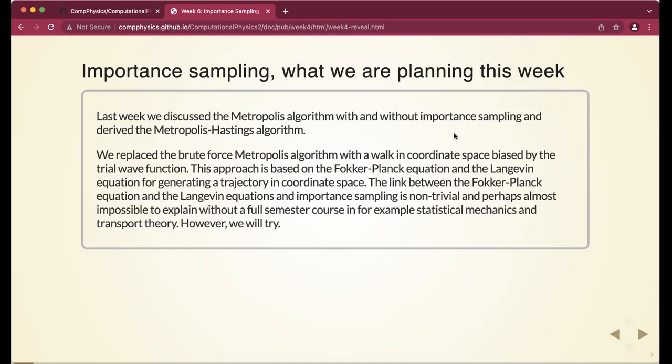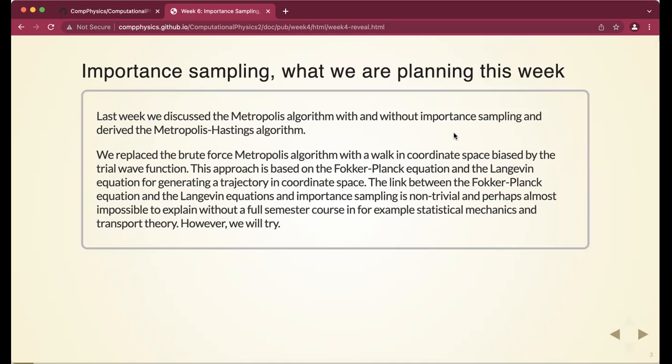Now, the equations which we end up with do also have parameters. And one of the parameters is going to be a so-called time step when we solve this Langevin equation. So even though we claim that we are doing importance sampling and we have a better way to guide the random walker, there are going to be parameters.